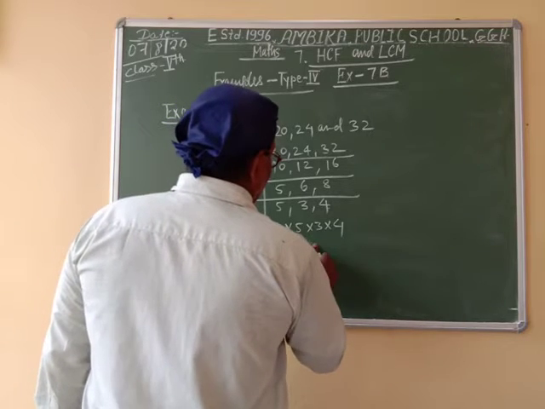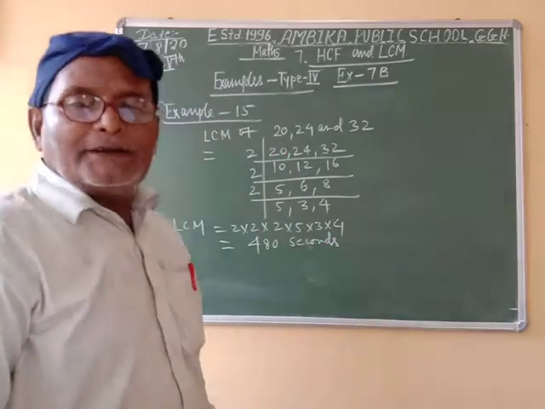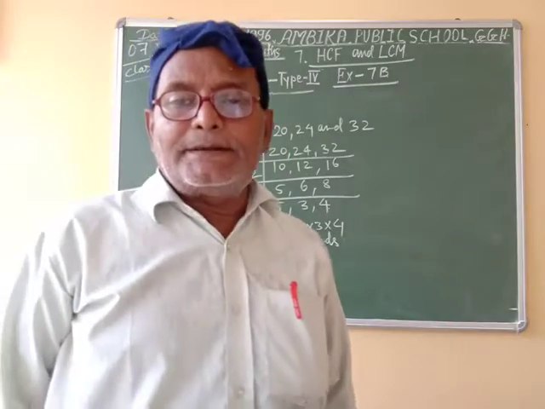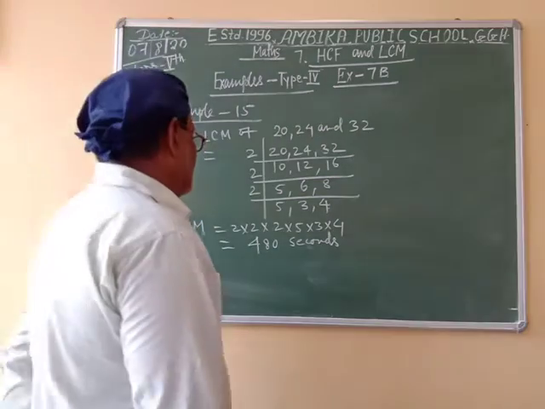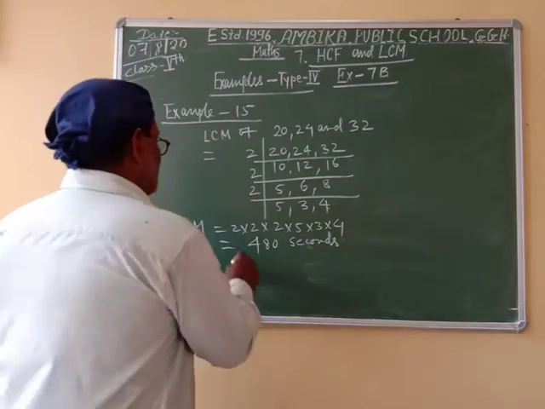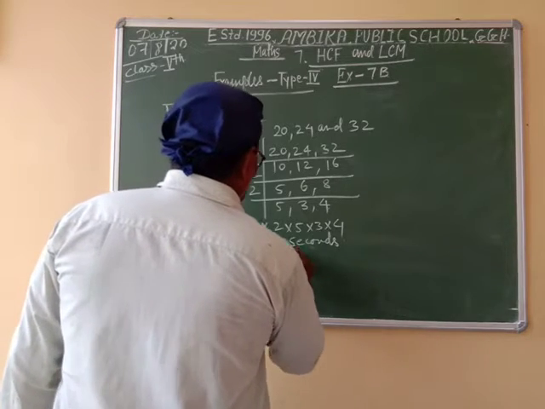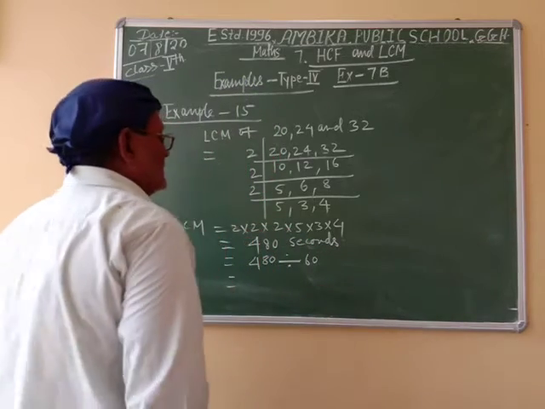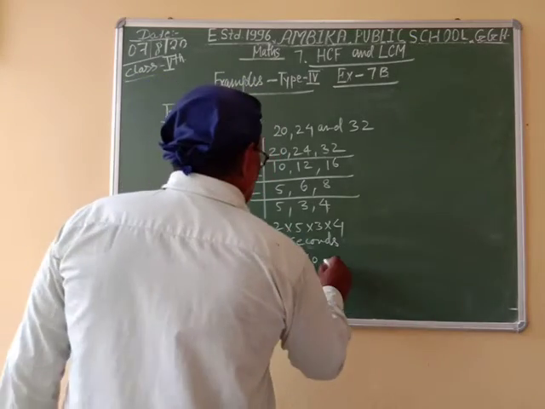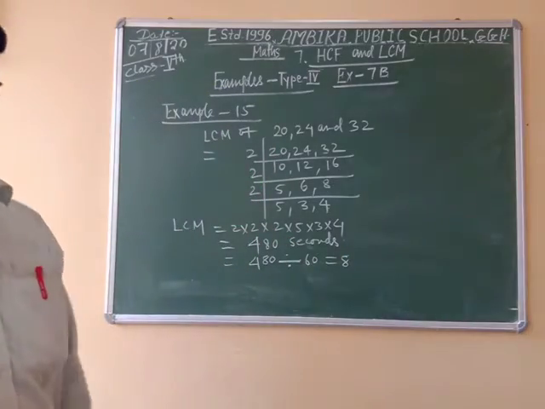Now we convert it into minutes. We divide 480 by 60, which is equal to 8. And after 8 minutes they will ring together.